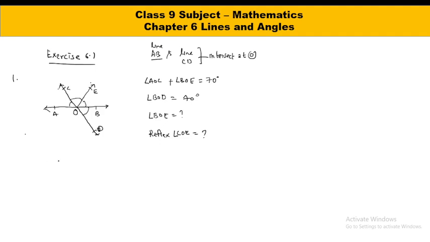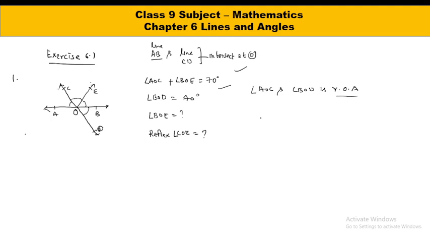As this particular part is already given, that angle AOC and angle BOE, when added together, give 70 degree. Now see that angle AOC and angle BOD are vertically opposite angles.